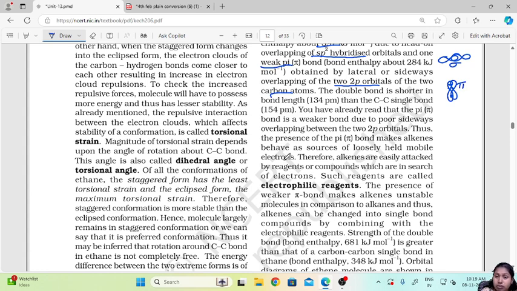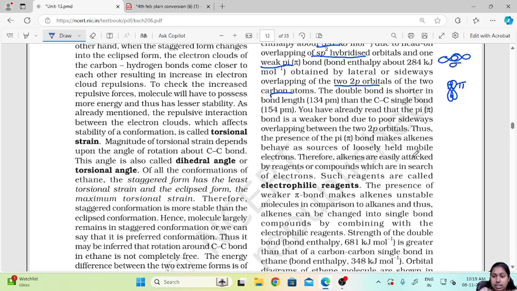So, because of this weak pi bond, alkene molecules have loosely held mobile electrons in them, because the moment any reagent comes, the pi bond will break and each of those reagents gets an electron.